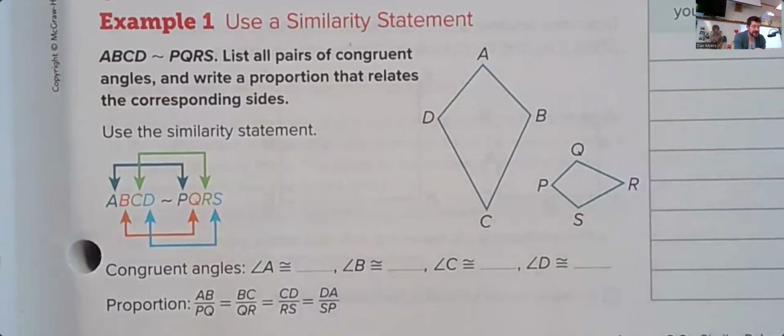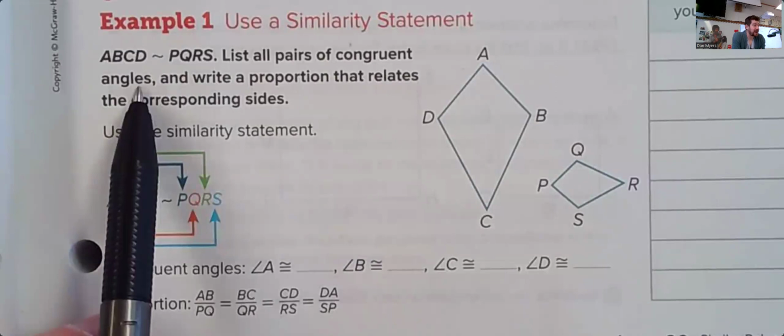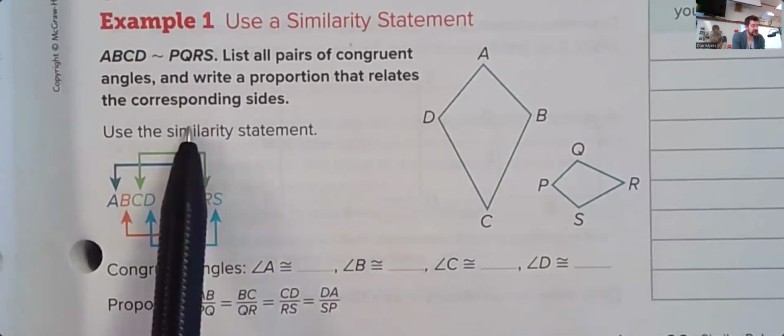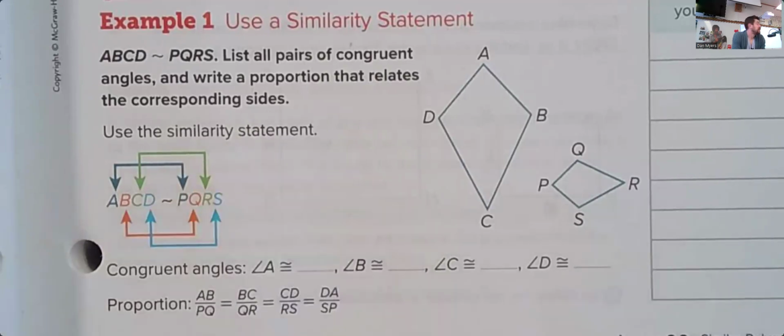It does not tell us what kind of shapes they are, although they appear to be kites. We don't know exactly whether they're kites or not. So list all pairs of congruent angles and write a proportion that relates the corresponding sides. So here's what we need to do.